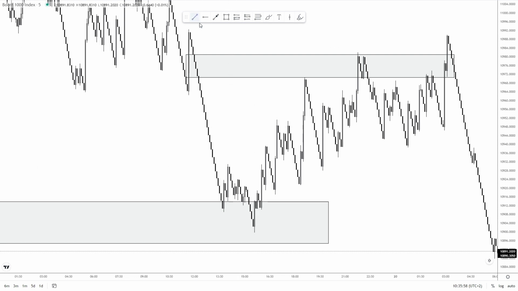Alright, so now I followed literally the same strategy. Liquidity sweep. Market structure shift with a big impulse move. And where's that order block on the higher time frame? There we go.